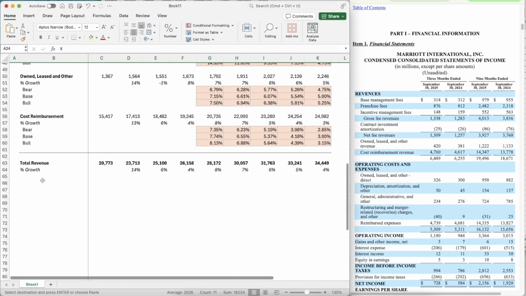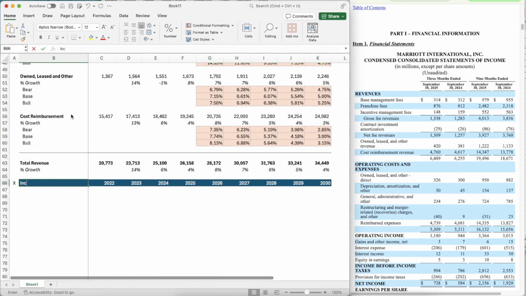The next stage is the income statement, which starts with your revenue. We'll put it equal to what we have up here. Pull it along.